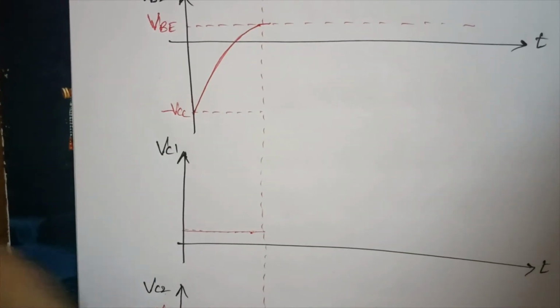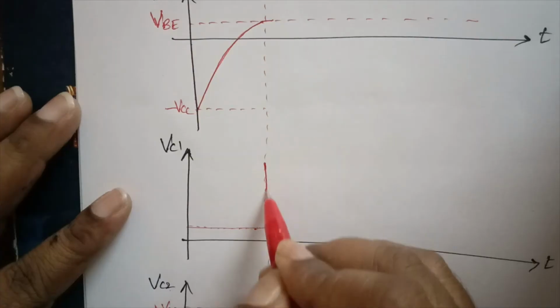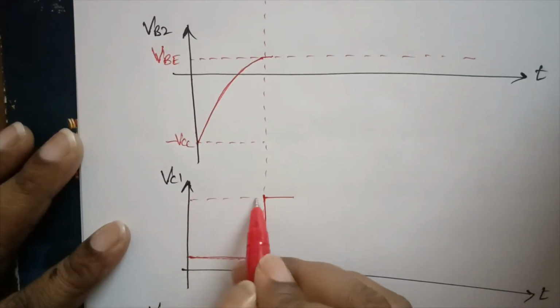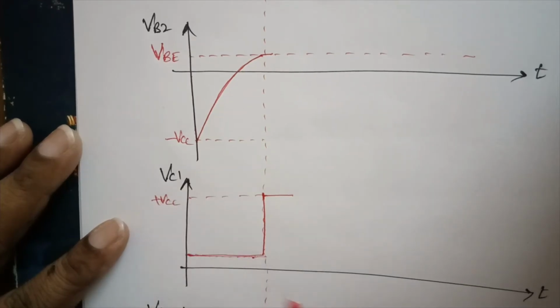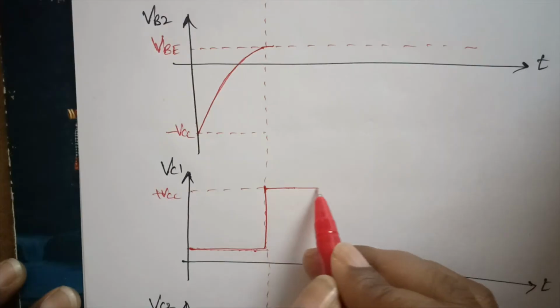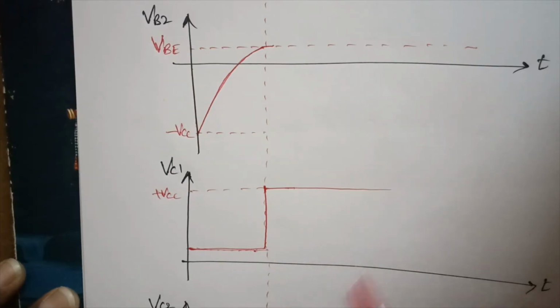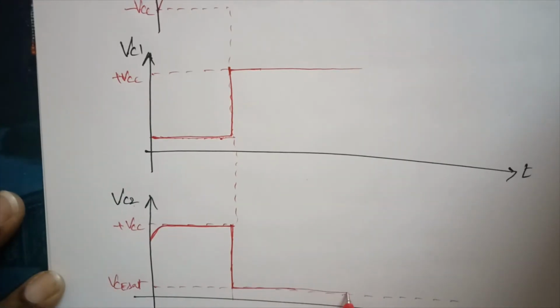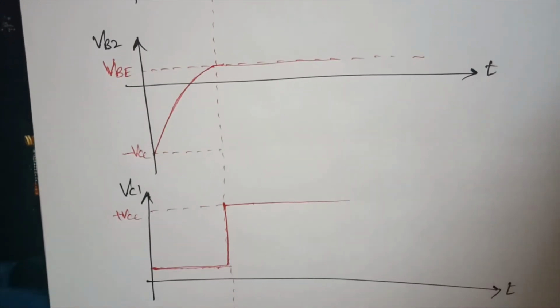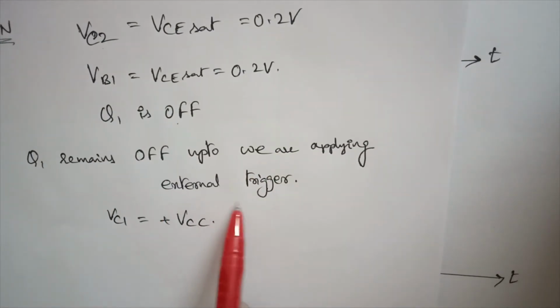So I will take VC1 equal to plus VCC. Now what happened? It remains off, therefore this is continuous, and this one is also continuous. So this process is continuous until we apply an external trigger.